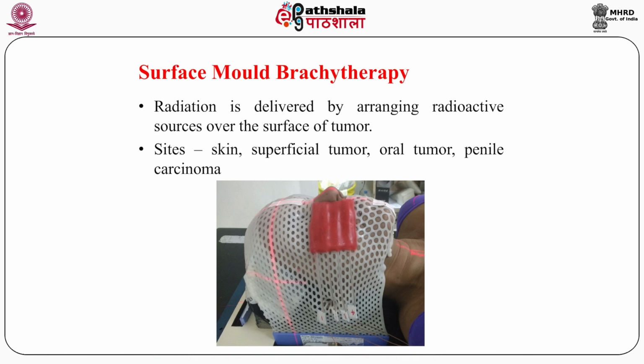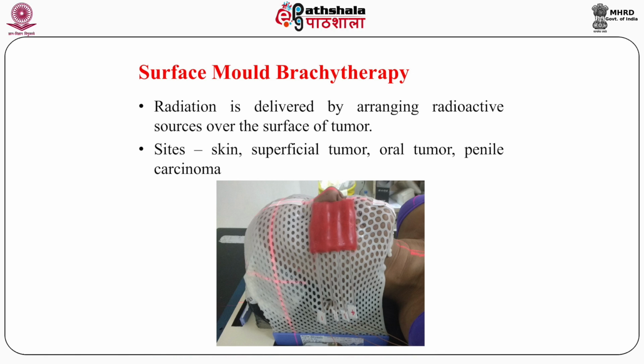Here, these applicators, either hard plastic or sometimes stainless steel, are placed in the area and a mold is prepared. The distance between these applicators is approximately 8 to 10 mm, and the number of applicators depends on the size of the area. If the size is small, even 2 or 3 applicators is sufficient. If it is big, then more applicators are put and a mold is prepared.